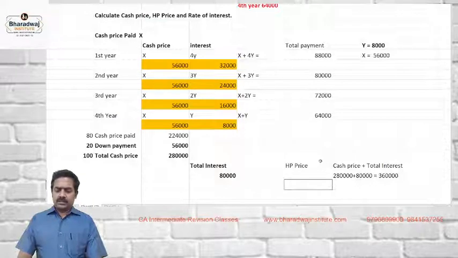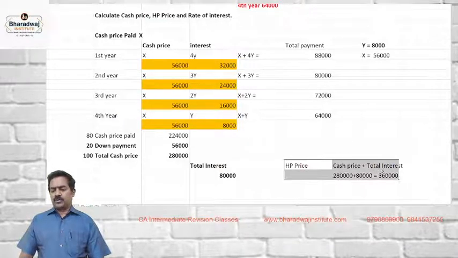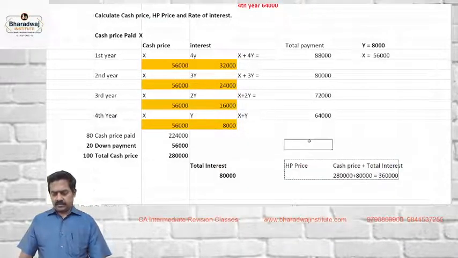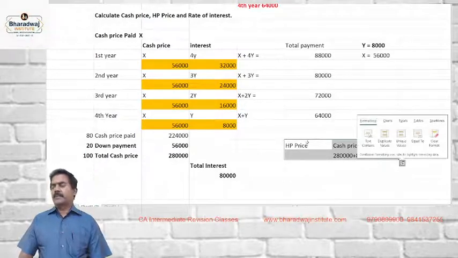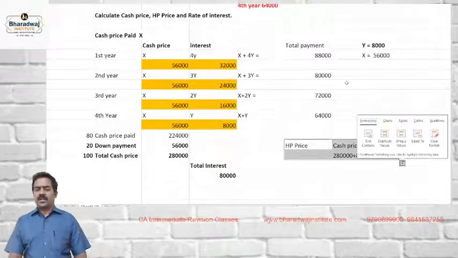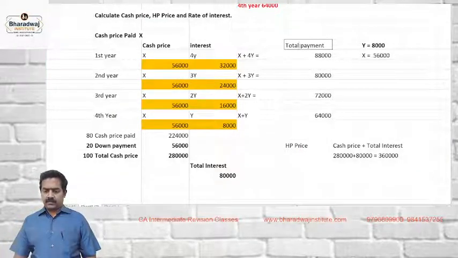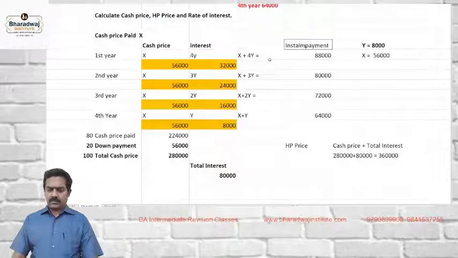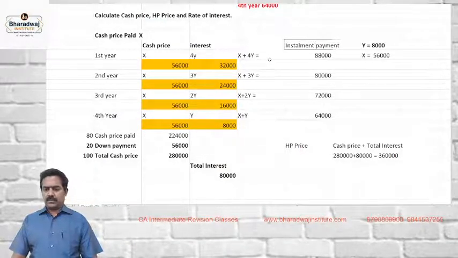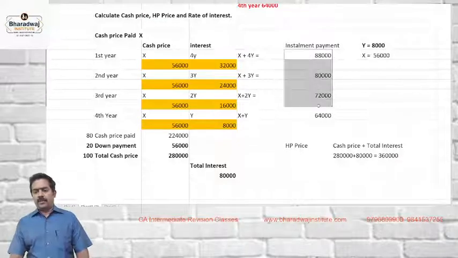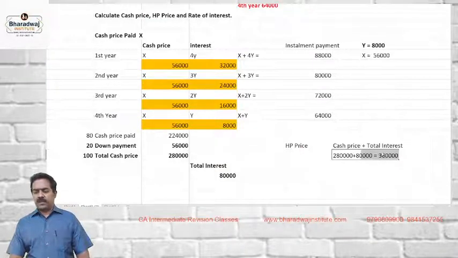Or you can add up the other way also: down payment plus total of installments also will give us the same price.